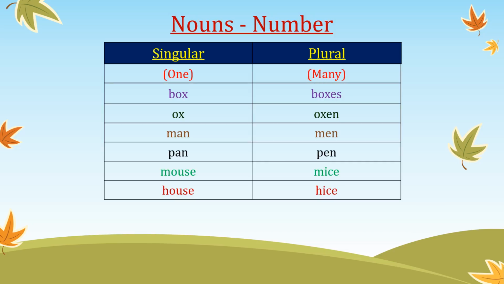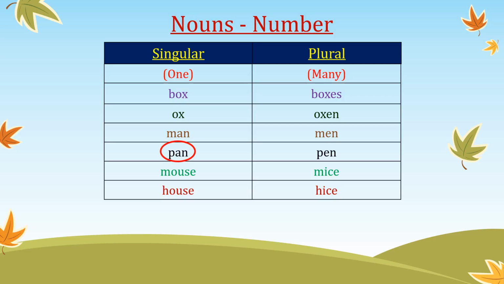One box is a box and many are known as boxes. One ox is an ox and many are oxen. One man is called a man and many are known as men. So similarly, one pan should be called a pan and many should be called pen.